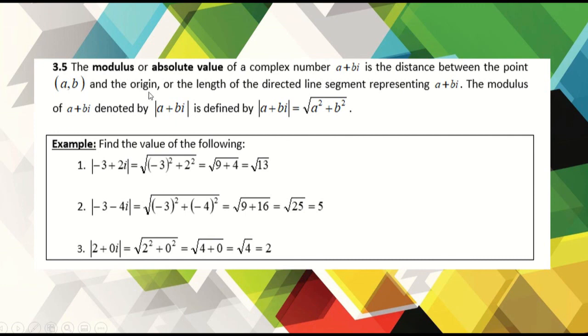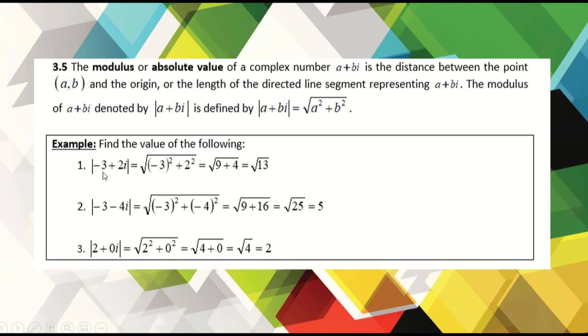The origin is 0, 0. Or the length of the directed line segment representing a plus bi. The modulus of a plus bi, denoted by the absolute value of a plus bi, is defined as the square root of a squared plus b squared.